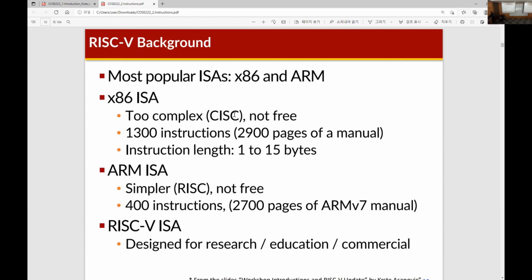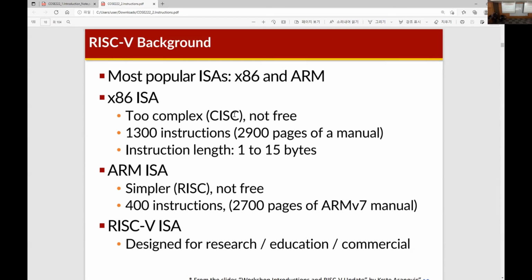How about the ARM ISA? It's simpler than x86, because ARM is called RISC, which means reduced instruction set computer. So C means complex and R means reduced. The ARM ISA is relatively simple compared to the x86 ISA.